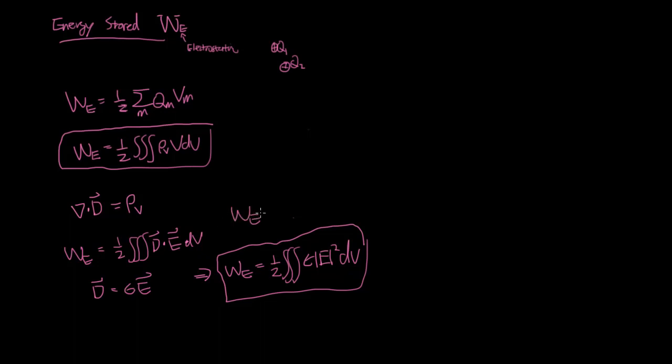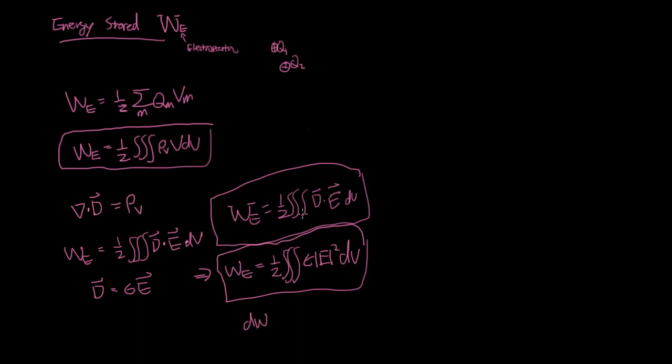I'll also just write this out too. It's also 1/2 the volume integral of D dot E dV. The other thing is we use uppercase to describe this. Another concept is the energy density.